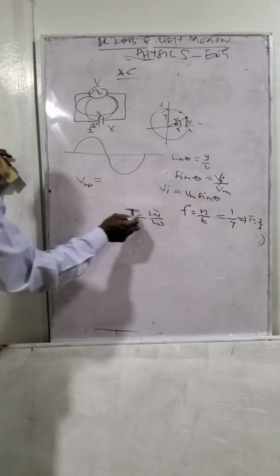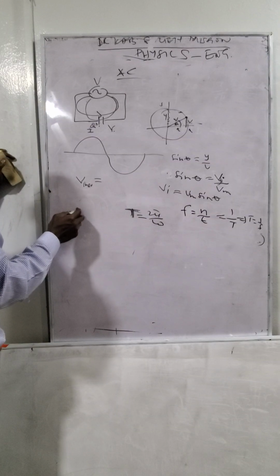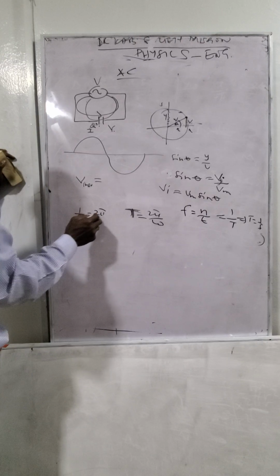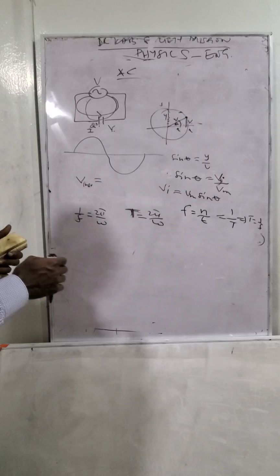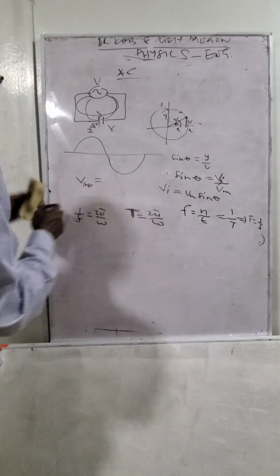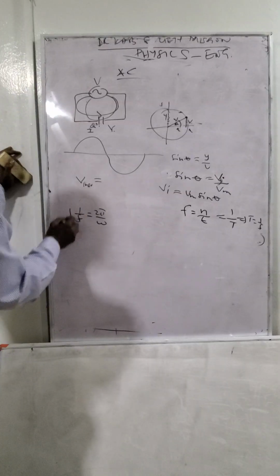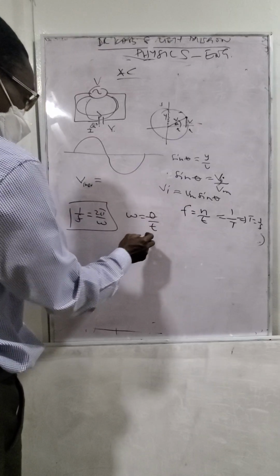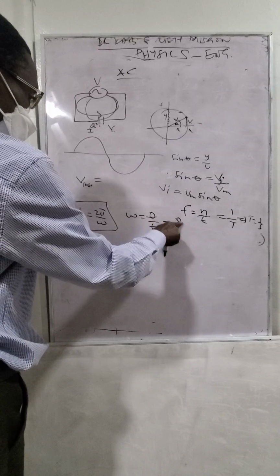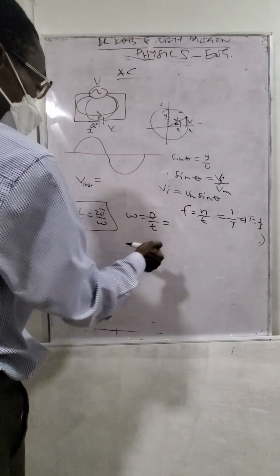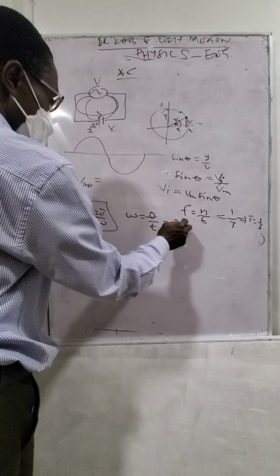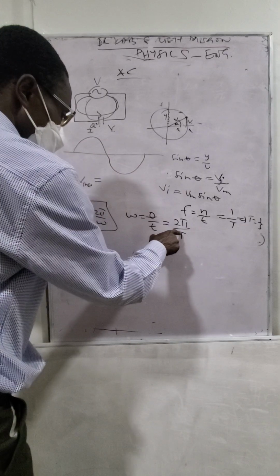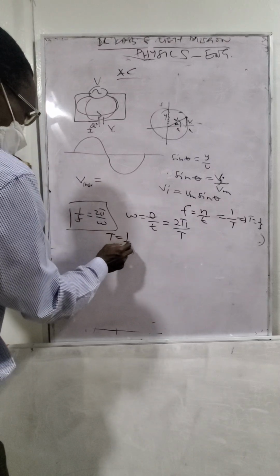So this is the same as saying 1 over f is equal to 2 pi over omega. But remember, omega is equal to theta over t, which is the angle of rotation, 2 pi over capital T. And of course, we see that t is equal to 1 over f.